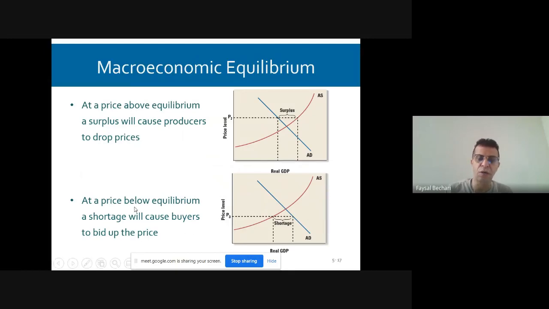So at a price below the equilibrium, a shortage will cause buyers to bid up the price, because the price is low and people have more money. They will buy more and start bidding up, and the supplier will increase the price. You need to sit and analyze each one and understand it well, because most of economics is understanding real graphs and how they work.